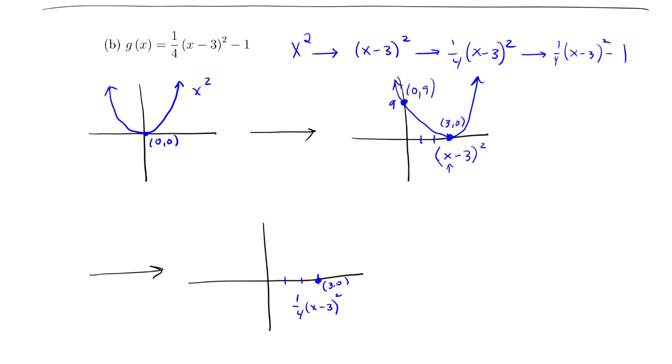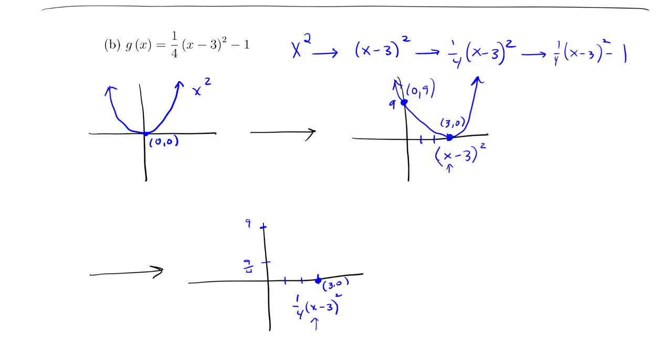Okay. And now I could think about, well, before when I put 0 in, I got 9. Now when I put 0 in, I'm going to get 9/4 because I do the 0 minus 3, negative 3 squared, 9, but times 1/4 is 9/4. So instead of getting that 9 up there, where, let's see, that was up here maybe, I'm going to be down here at 9/4.